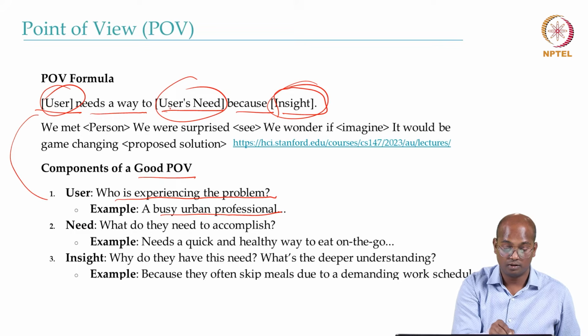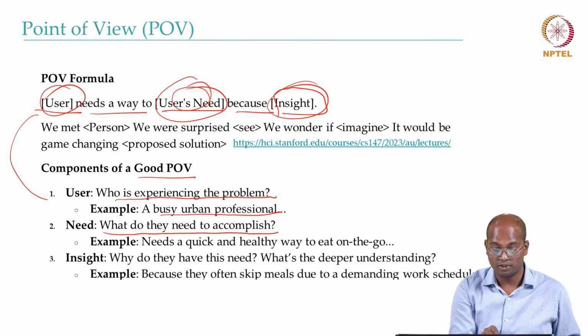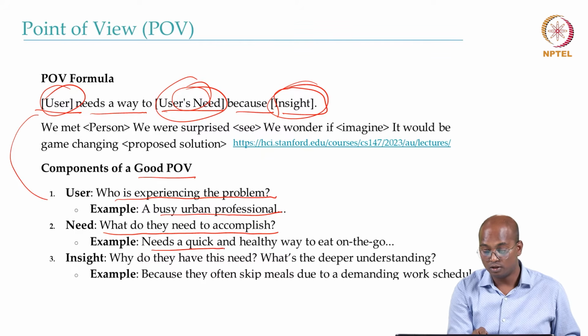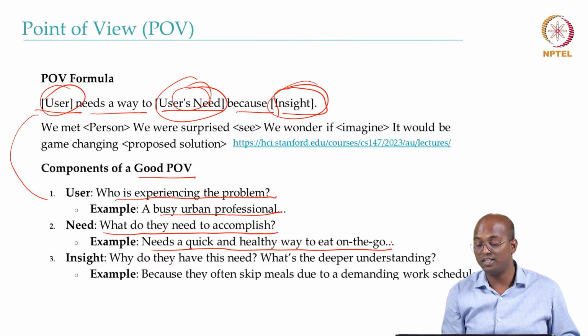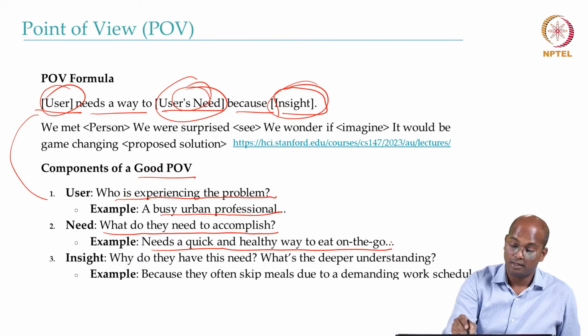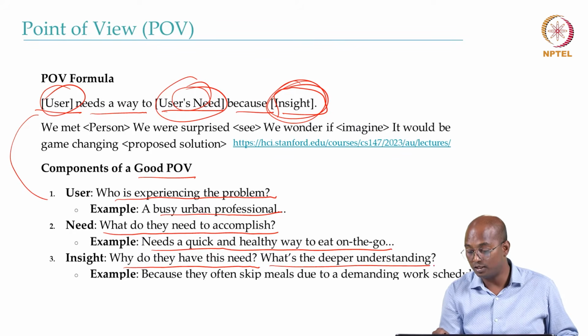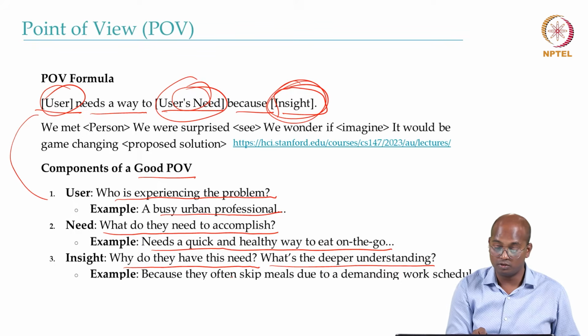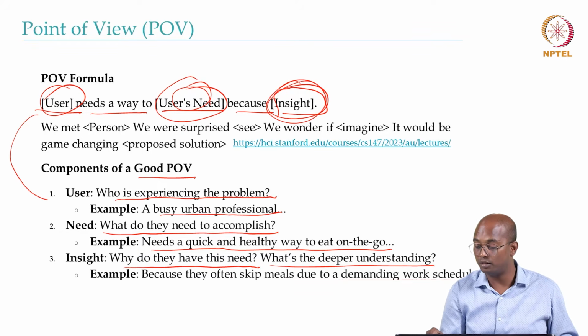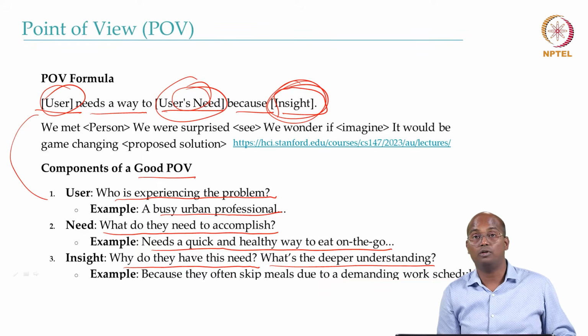And what is the need? What do they need to accomplish? Needs a quick and healthy way to eat on the go. He's quite busy. And the third thing is insight. Why do they have this need? What is the deeper understanding? Because they often skip meals due to the demanding work schedule.